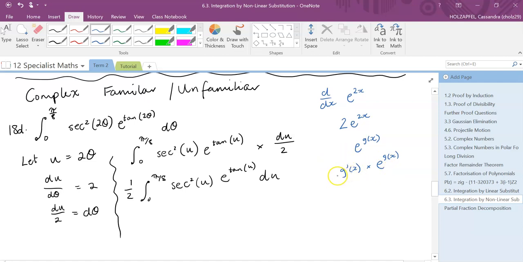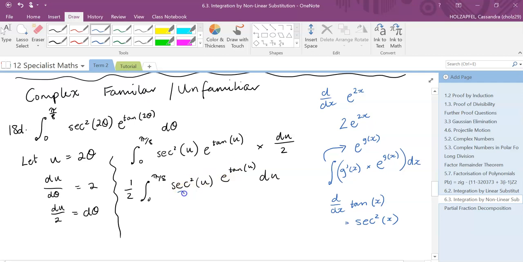Now, since we're integrating, we're going back the other way. So it stands to reason that if I'm finding the integral of something in this form with respect to x, then it's just going to be equal to e to the power of g(x). Now, how is this relevant here? Well, if we find the derivative of tan x with respect to x, it's equal to sec squared x.